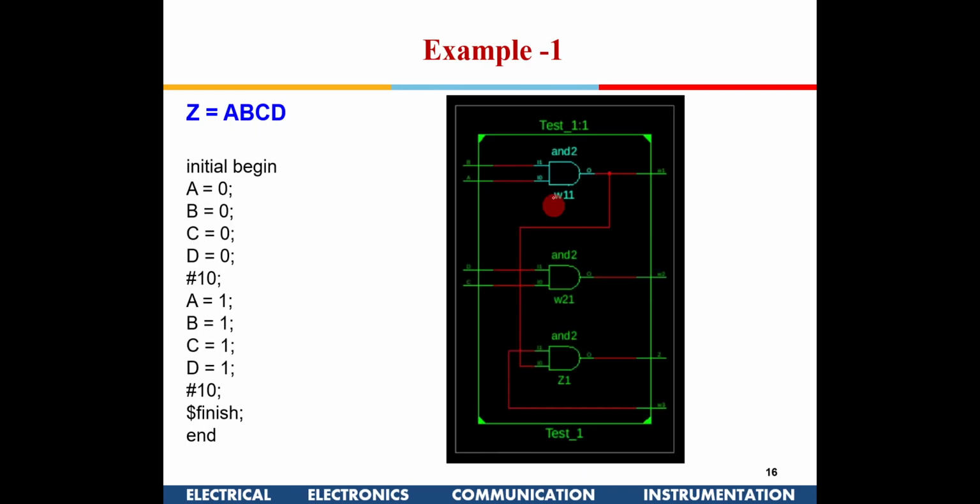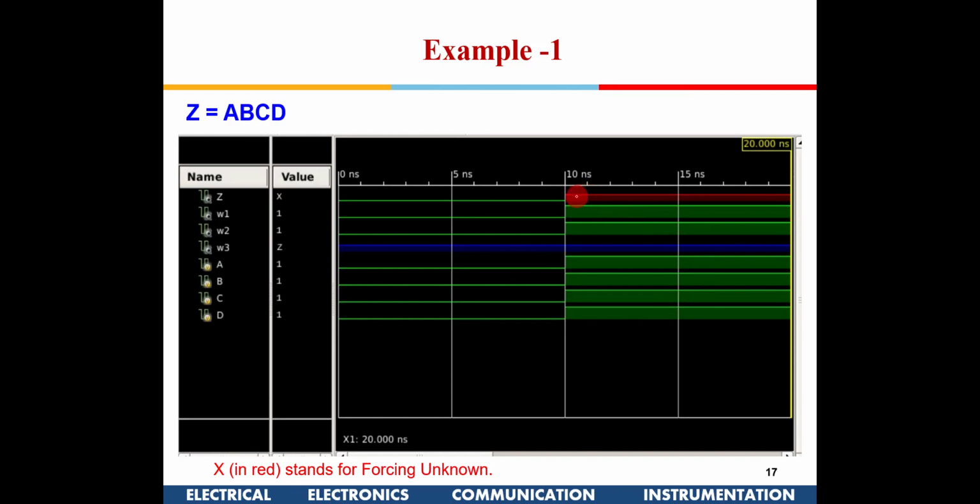Whereas when I am giving 1, 1, 1, 1, I am getting a 1 here, whereas I am getting a high impedance from here. So now this gate doesn't know what to do with the output. What would be the output? In that case, it is showing X out here. So the input is high impedance, the output is X. Once you get your simulation results like this, you have to go back and analyze why this is happening.